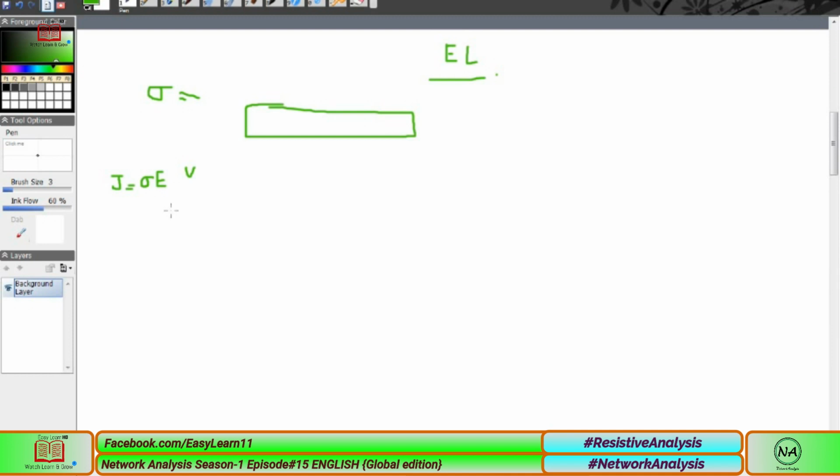This is the modified form of Ohm's law, and it is used for the interpretation and analysis of field concepts, because here we have the electric field. This is very important too. If current is flowing through a system having a length L, there must be an electric field around it.